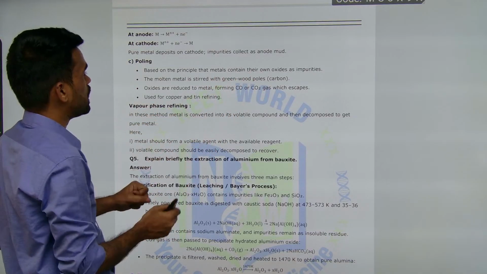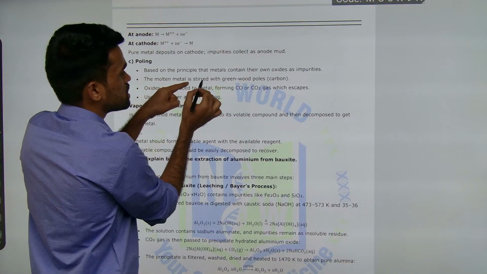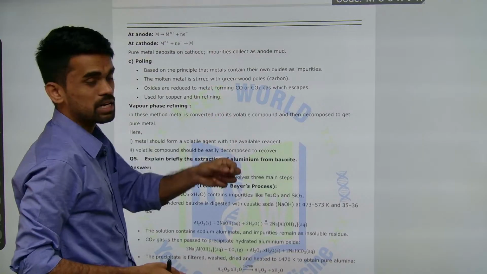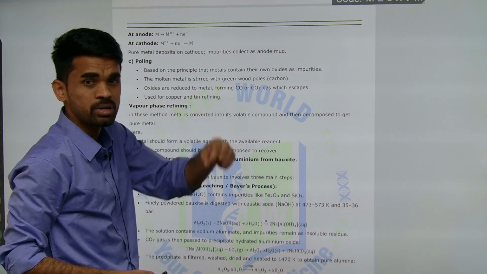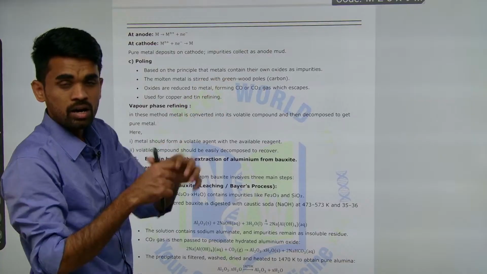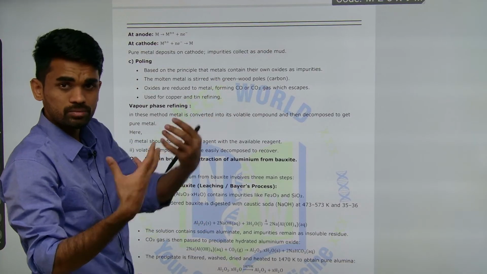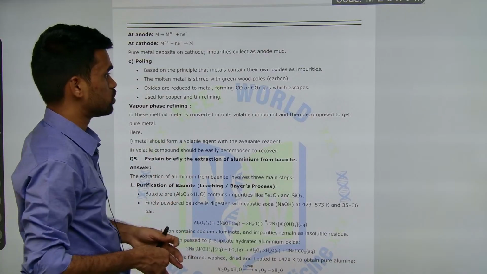Now what we are doing, the molten metal is stirred with green wood poles. Green wood poles contain carbon, like plant wood, organic matter.